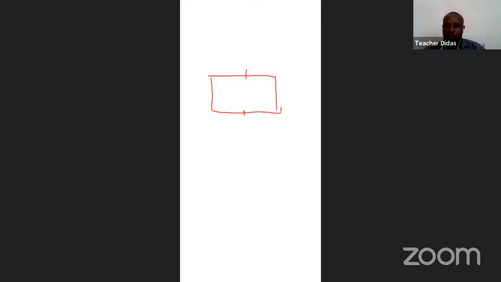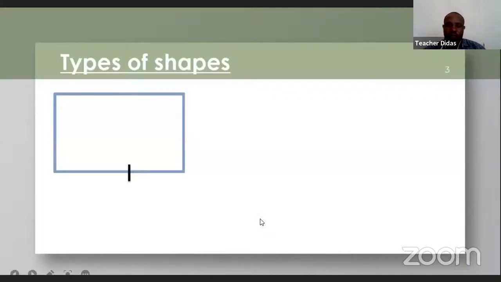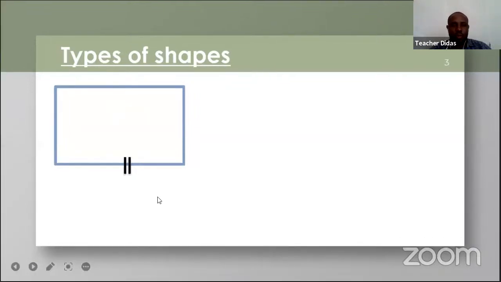So my dear ones, we do know that this one is a square, but we don't know why it's called a square. Now, when you look at my square here, it has two sides, this side and this side. So the two opposite. This one is opposite to the other one on top. This one is opposite to this. These two sides are equal. Then we have this one. This one is equal to this one.